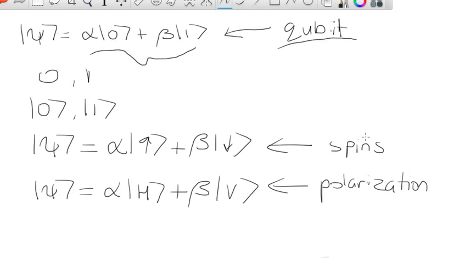Okay, so we can extend this qubit here. At the moment, it's a two-level system. We can actually extend it to much higher dimensions. So, for example, let's scroll down a little bit. There we go.